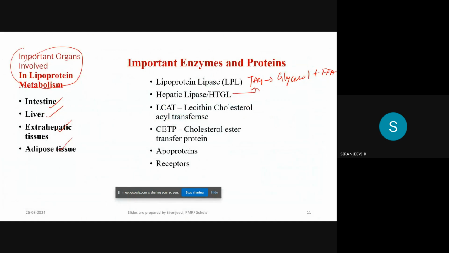So the next molecule is the lecithin cholesterol acyltransferase, which will form the lysolecithin while transferring the cholesterol molecule or the acyl molecule from the lysophospholipids, and CETP, which is called cholesterol ester transfer protein, which also majorly transfers the ester molecules from the free fatty acids to cholesterol molecule to form the cholesterol esters, and apoproteins, and then the receptors, majorly, that we only talk about the LDL receptor in this case.